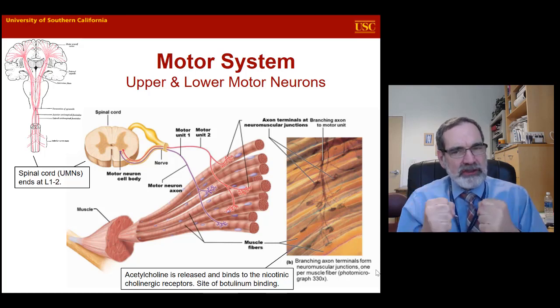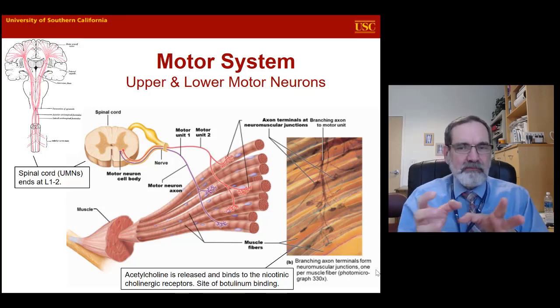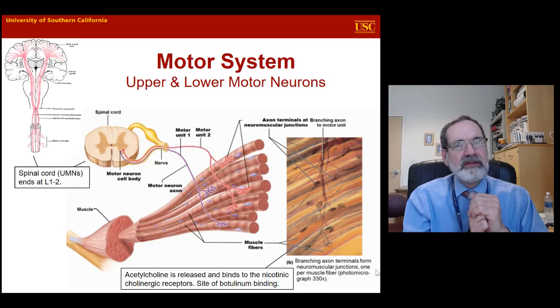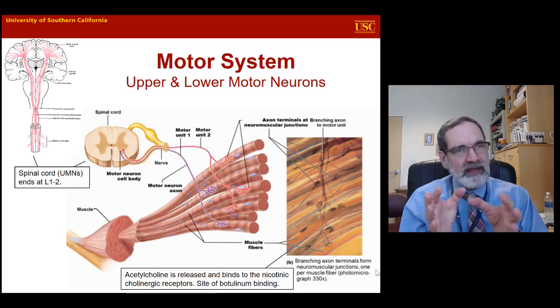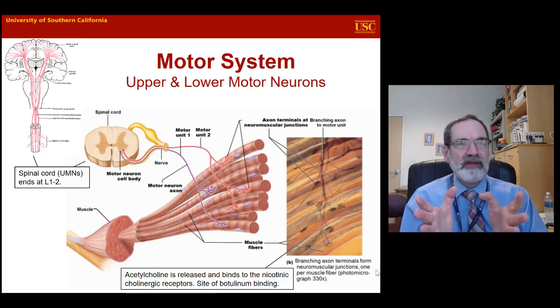Now, this junction is where the botulinum toxin, most well known by one of its trade names, Botox, acts, preventing the release of acetylcholine. And that means that junction won't work anymore.